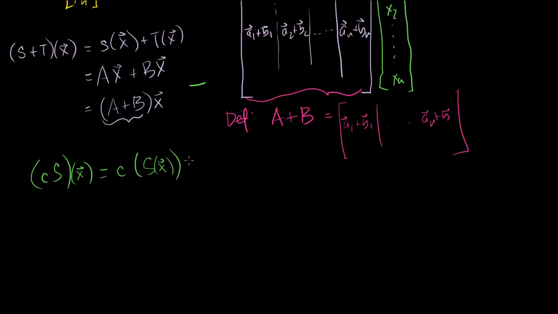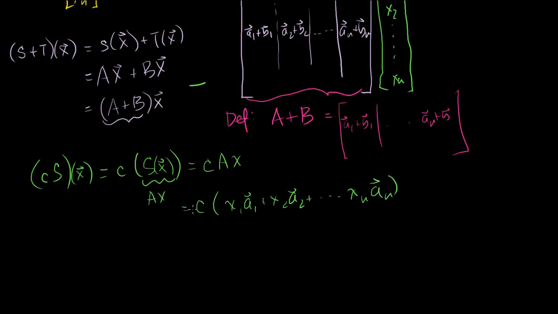And we know that S of x can be rewritten as Ax. So this is c times A times x. And we know that Ax is equal to c times x1 times the first column vector in A, so a1, plus x2 times a2, all the way to plus xn times an.